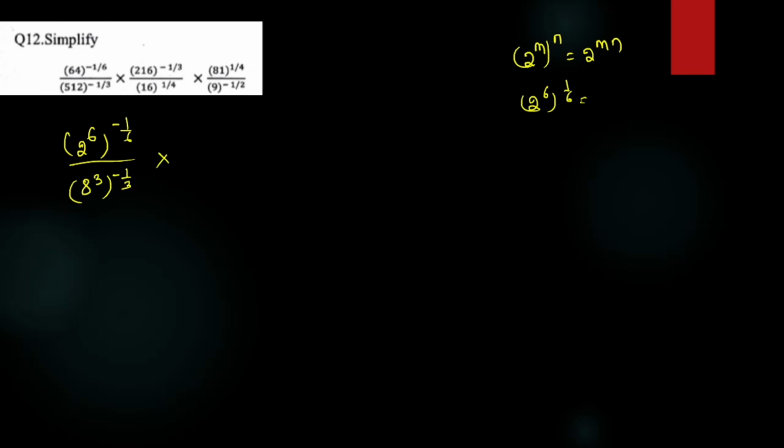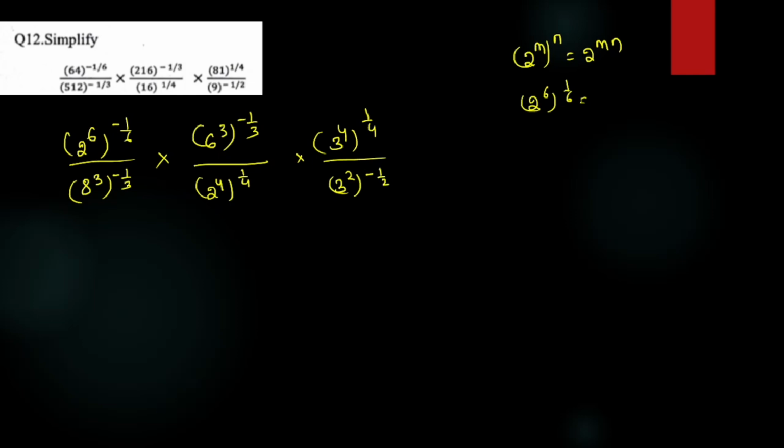Again 216 we can write as 6 cube to the power minus 1 by 3, 2 to the power 4 to the power 1 by 4, into 81 means 3 to the power 4. So 3 to the power 4 to the power 1 by 4 divided by 3 square to the power minus 1 by 2. Now power means multiply.